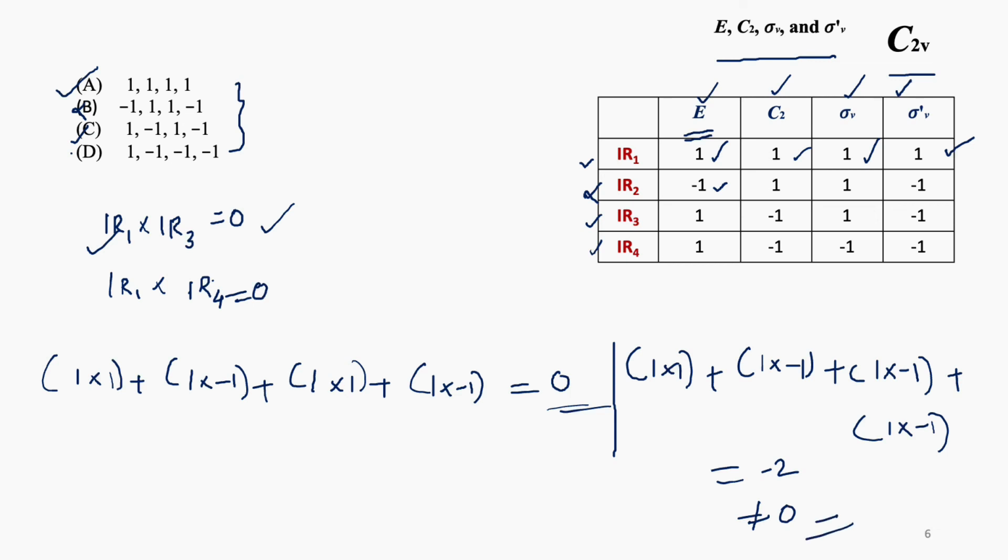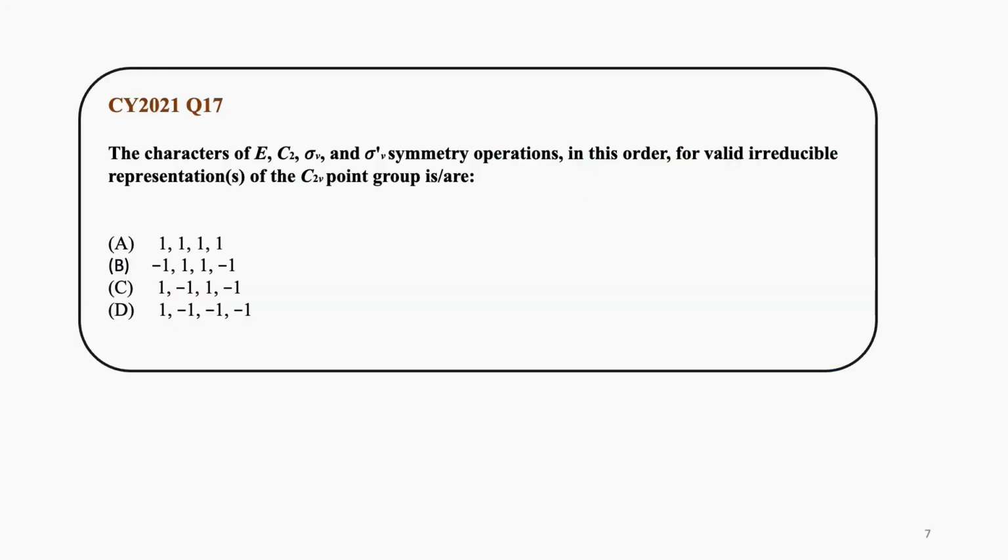Hence this is not possible here. Hence the fourth option, option D, cannot be a possible irreducible representation in this case. So only A and C are satisfying the conditions. So the answer for question number 17 will be option A and option C.